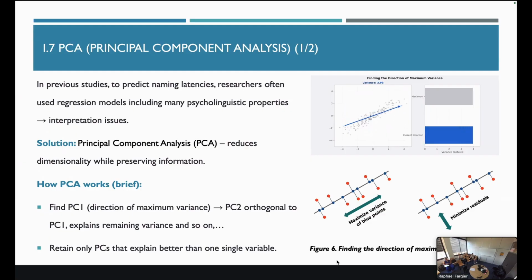And second, we find PC2, which is another direction, orthogonal to PC1, and explaining the remaining variance, and so on. But in the analysis, we only retain the PCs that explain better than one single variable.